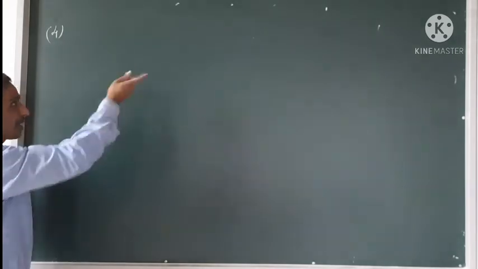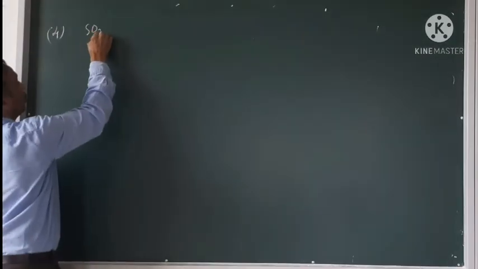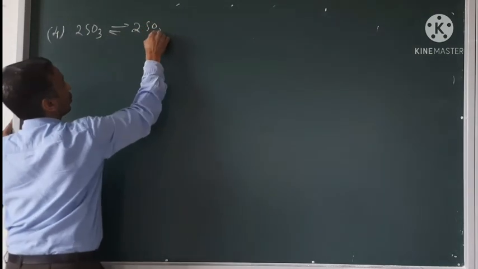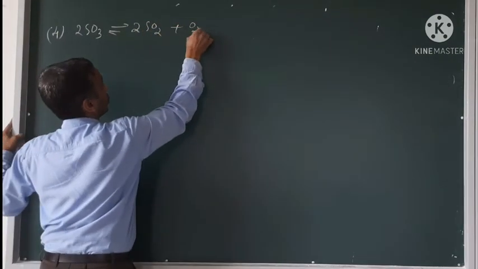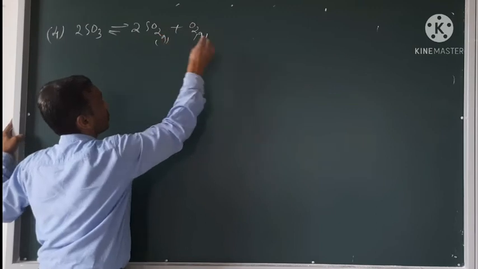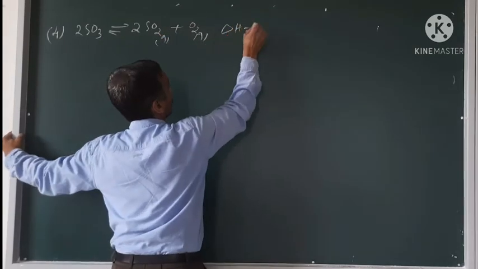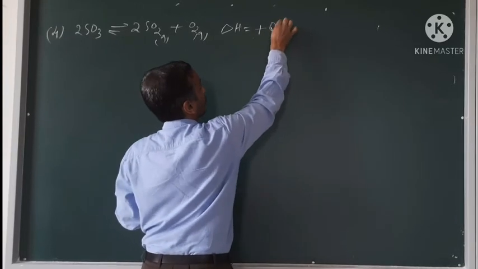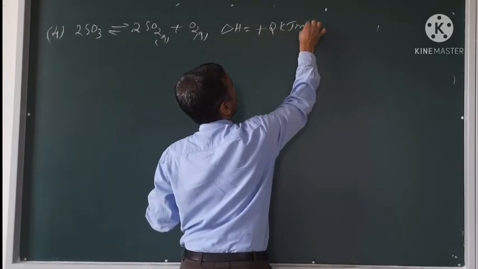Now, we'll see the same reaction in reverse manner. 2SO3 giving 2SO2 plus O2 gas, delta H is equal to plus Q kilojoules per mole.